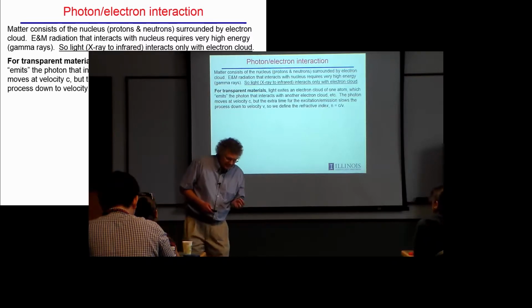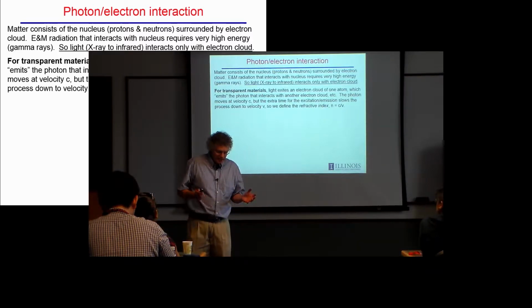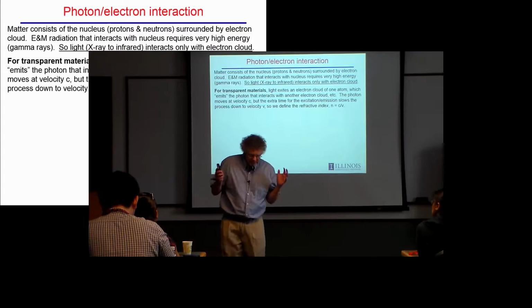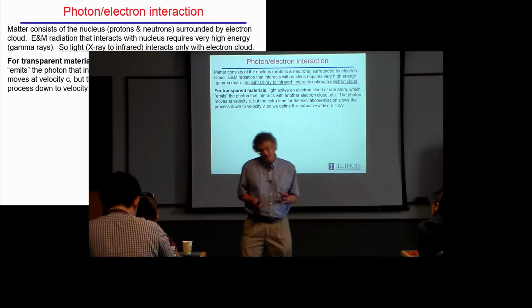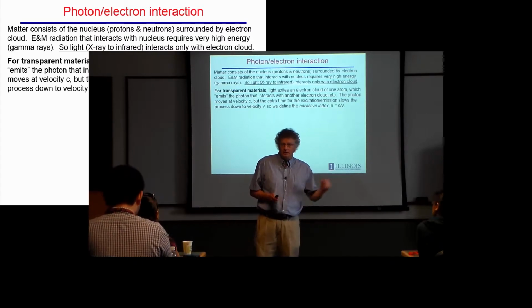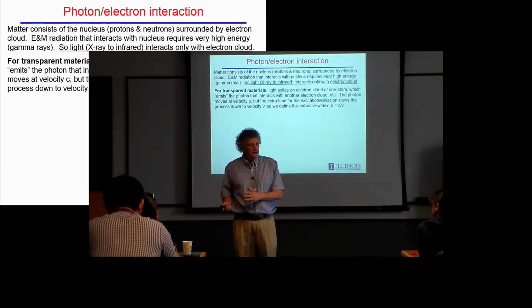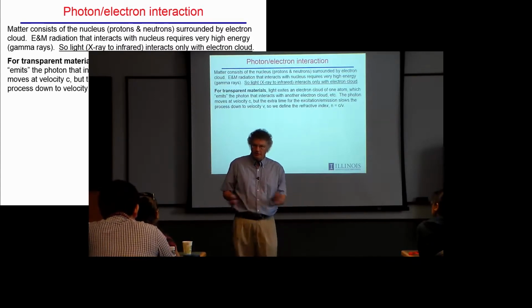So in some sense, energy is either manifest as an electron or as a photon. What I really should say is energy is manifest either as a wiggling electron or a photon, and it can slosh back and forth between these two.